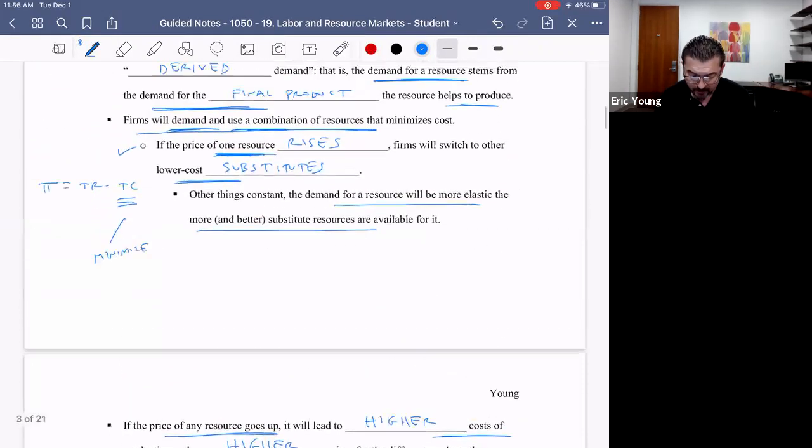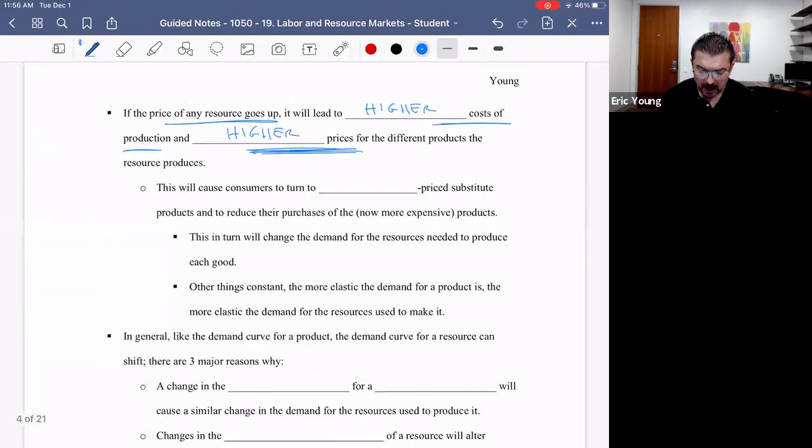Now up here, we pointed out that firms will substitute resources to minimize cost. Here, we're taking it back to the consumers, because if the price of a resource goes up, which leads to the price of the product going up, we can predict very easily that consumers in turn will move away from the higher priced products and turn to lower price substitute products. But this is then going to have even more chains of reaction.